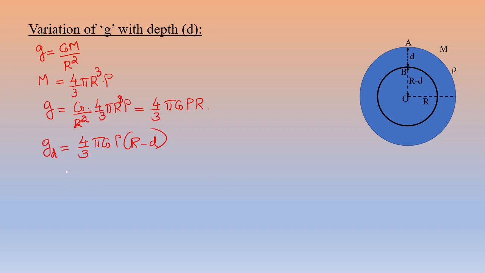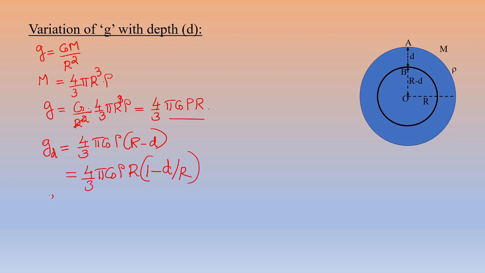Again, we can take the capital R outside the bracket, so the equation becomes 4 by 3 pi G rho R (1 - d/R). But what is this expression, 4 by 3 pi G rho R? That is nothing but the value of small g on the surface of the earth.